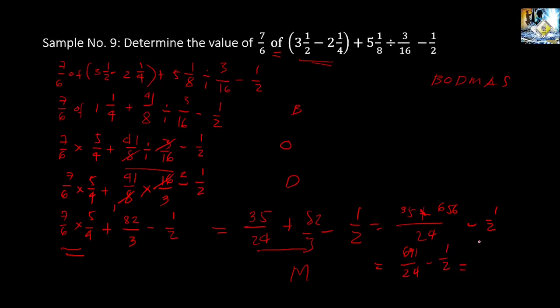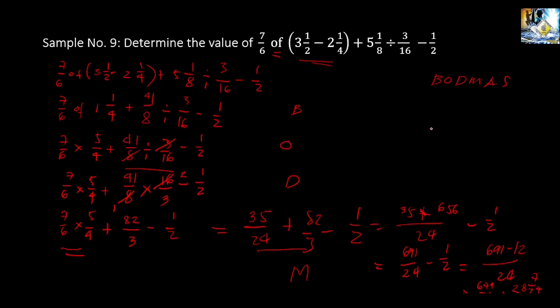Almost there. Then 691 minus, of course, cancel out, it becomes 12 over 24. You take your LCM. Then finally, your answer is 679 over 24, or the mixed fraction, we can convert it to 28 7 over 24.